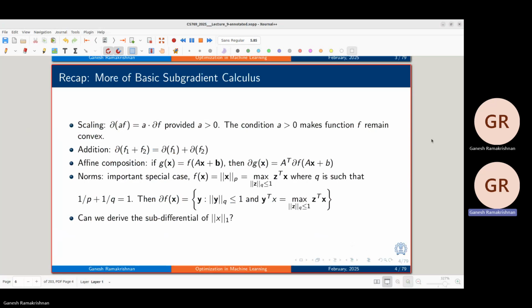This expression that you see here is all the y's such that the q norm of y is less than or equal to 1, and the dot product of y with x coincides with the max across all z such that the q norm of z is less than or equal to 1 of z transpose x. So this is y such that the q norm of y is less than or equal to 1, and y transpose x is the max over z with q norm less than or equal to 1 of z transpose x. Now, this is where we left off.